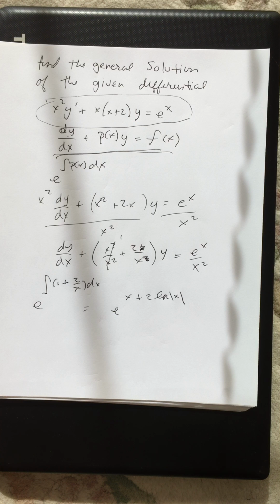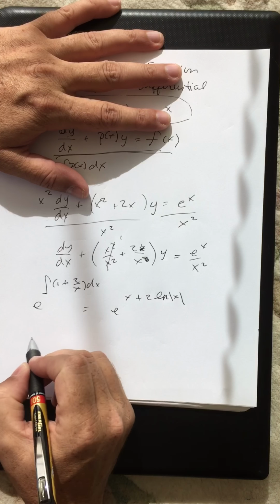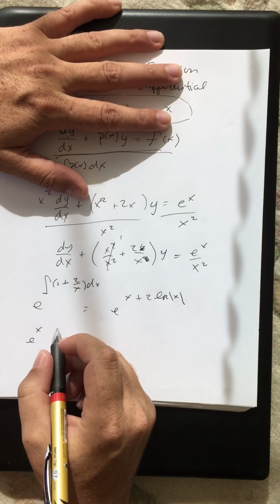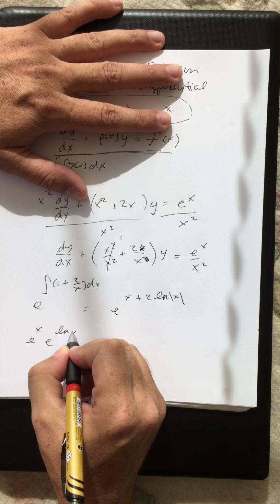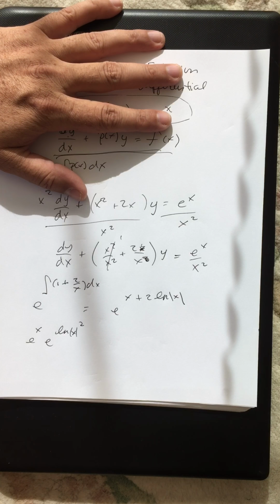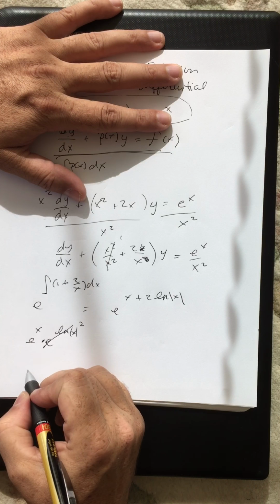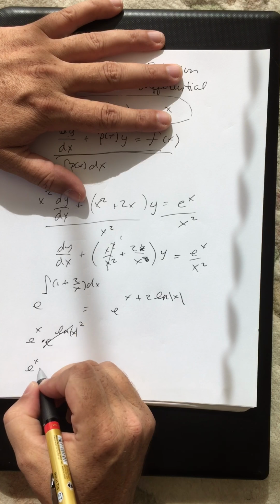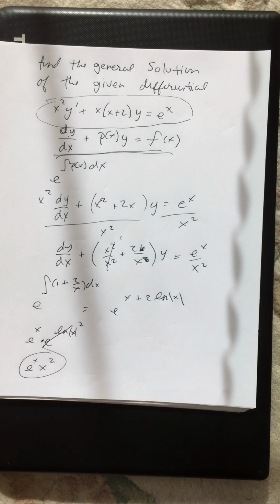Okay? So, how do we rewrite this? We rewrite this as e to the x times e to the log x squared. These are inverse functions. You get e to the x, x squared. What's this? That's the integrating factor.